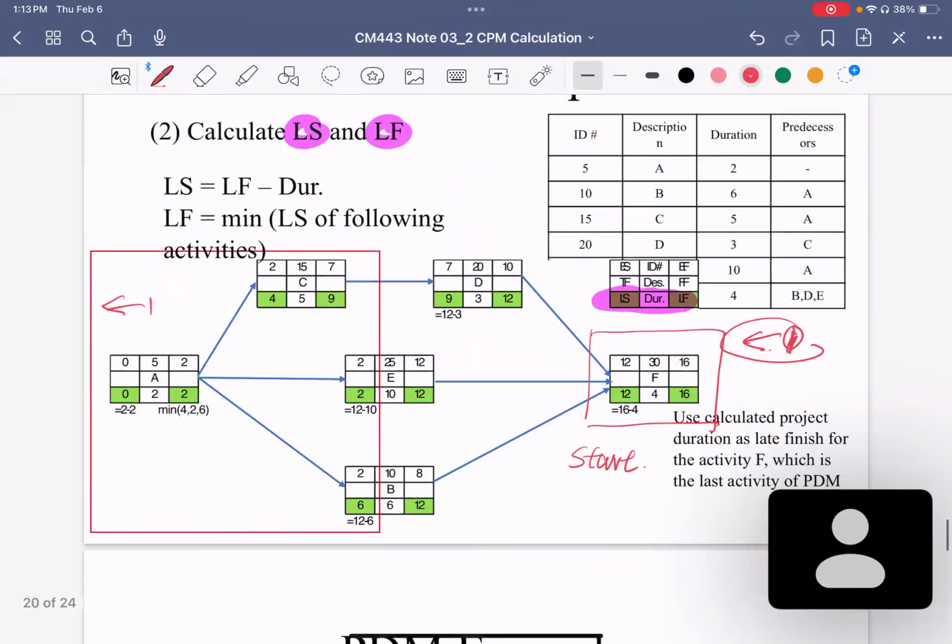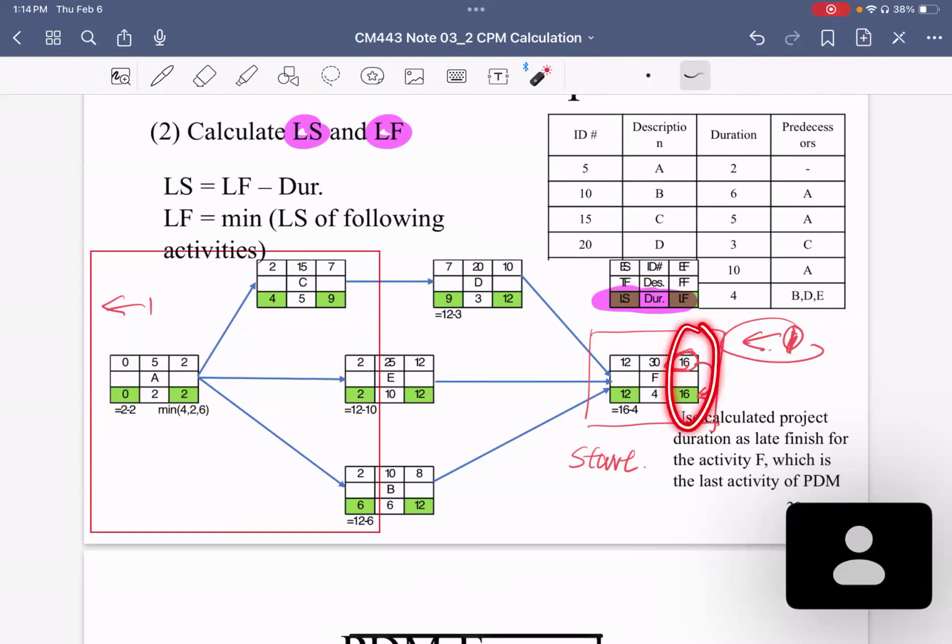So we use the project duration of 16 days as the late finish time for activity F. That means the 16 is the early finish time for F and also the project duration, and you move it here. So F has the two numbers the same.